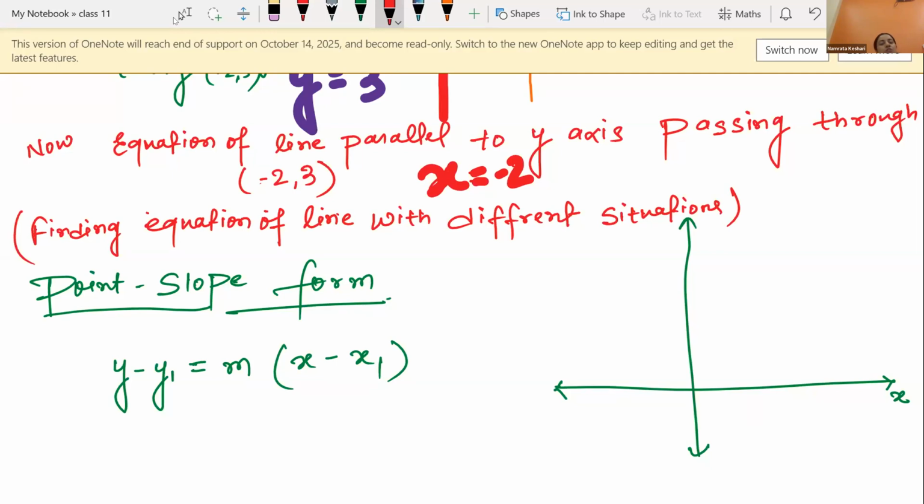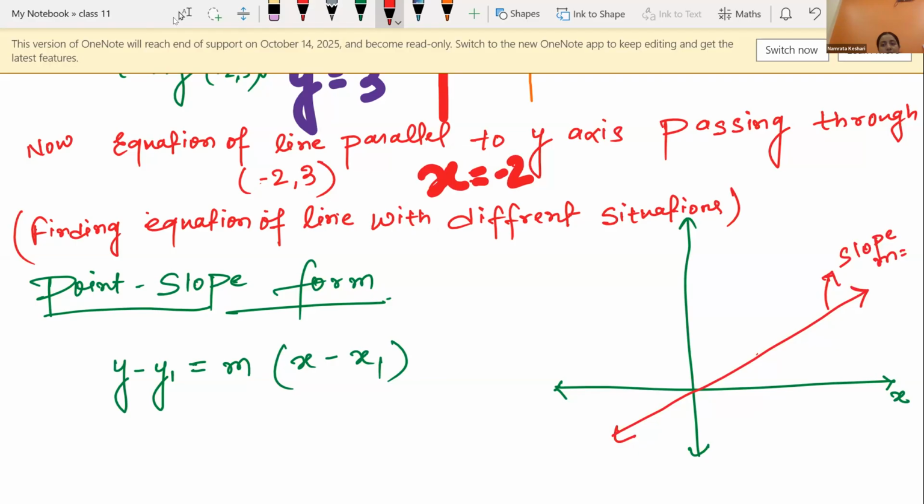So finding the equation of a line with different situations, that means when we are having a line, the slope of the line is provided to you, that the slope is already given to you, a value like 2, 3, -3, -4.